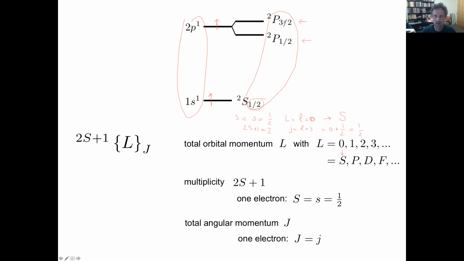Here they help one another, here they don't help one another, and therefore you get 2 different possibilities of the total angular momenta that leads to an energy shift of the electron. You can imagine if you have higher total angular momenta that the energy will go up. If you have lower angular momenta, it will go down, and that is the origin of this effect. Spin-orbit coupling is a real thing.